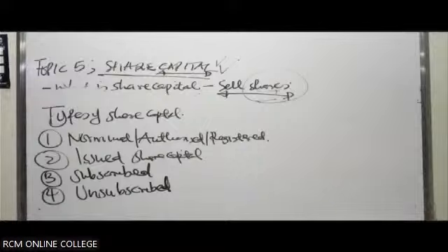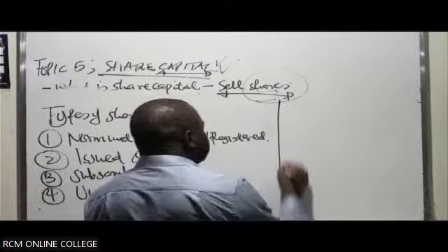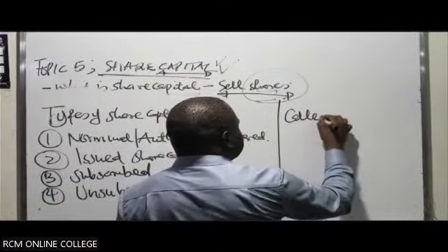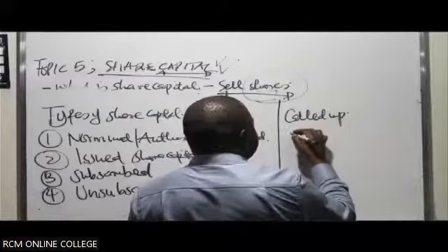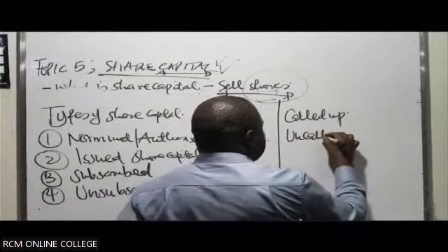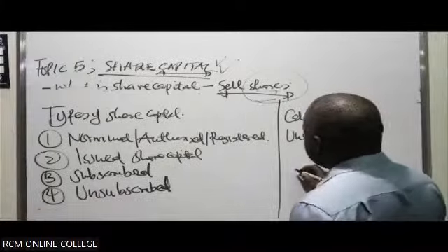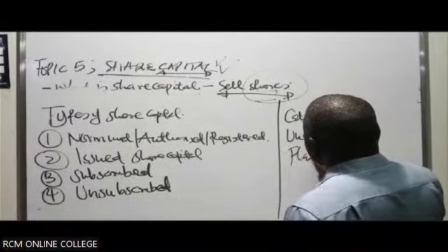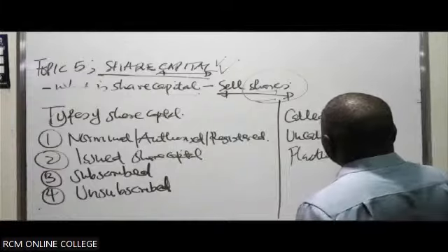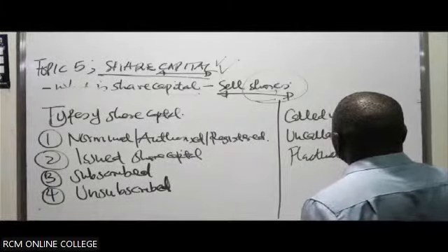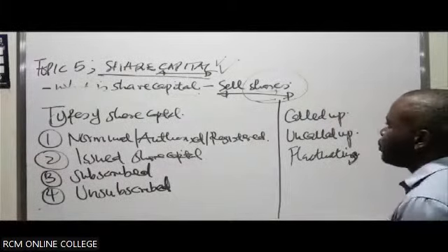We can have called up share capital, and we can have uncalled up. We can have fluctuating capital. So these are some of the types we can have.